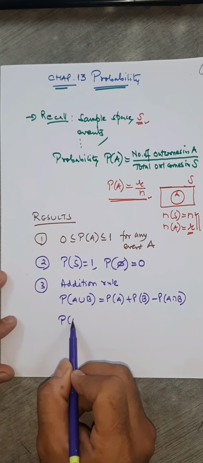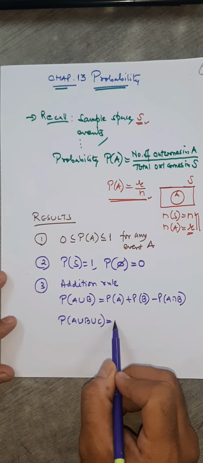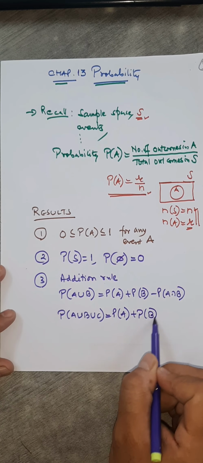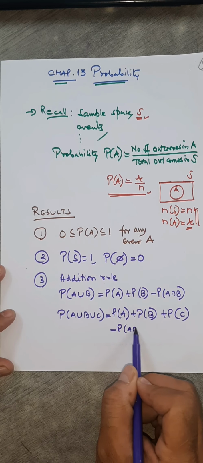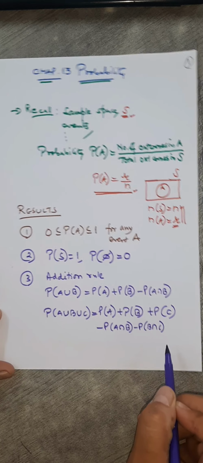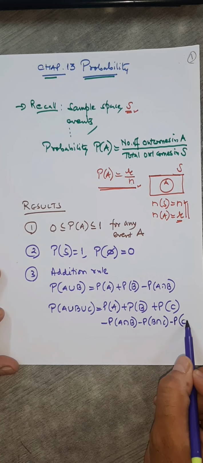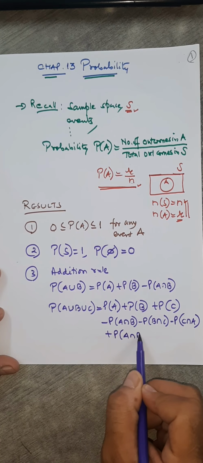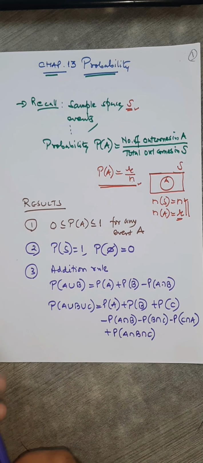And for three events, P of A union B union C is P of A plus P of B plus P of C minus A intersection B minus B intersection C minus C intersection A plus A intersection B intersection C. This is the addition rule for three events.